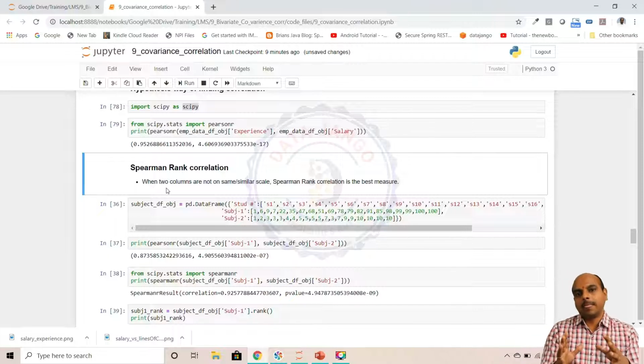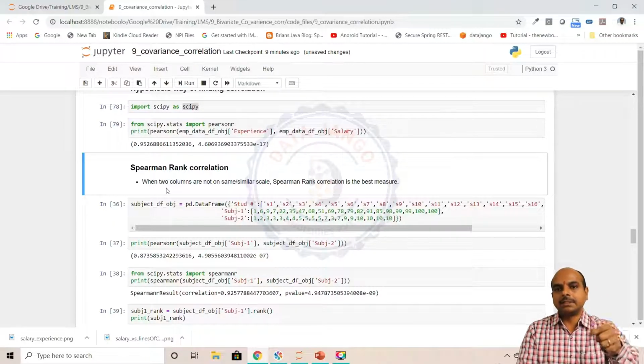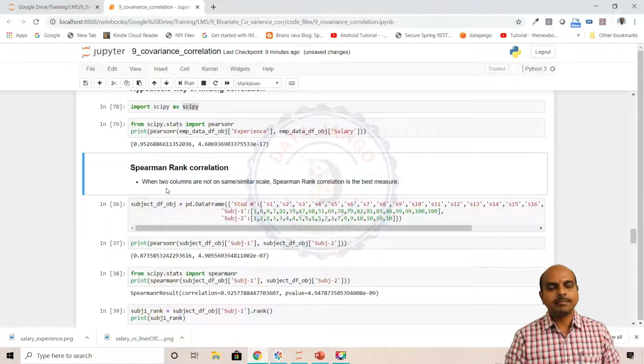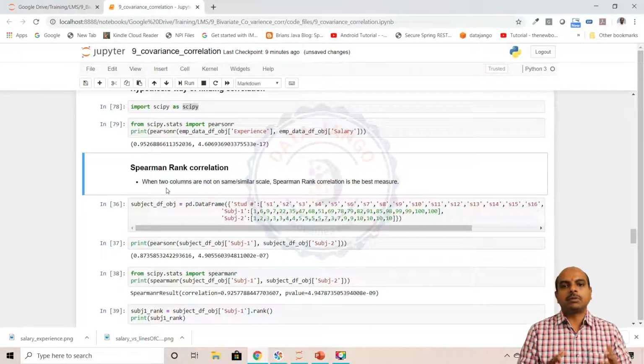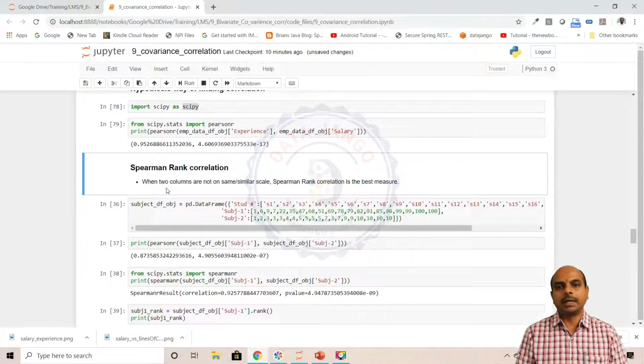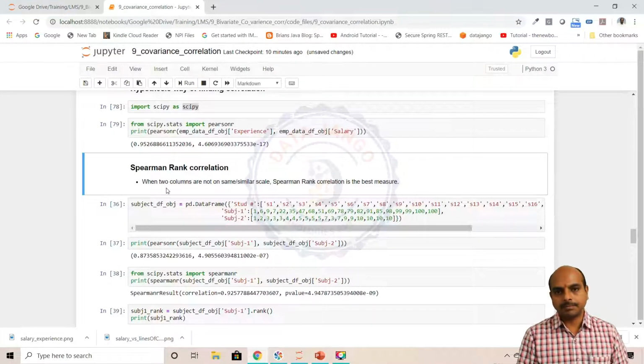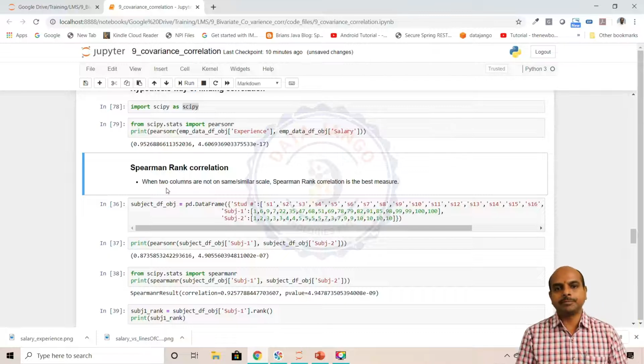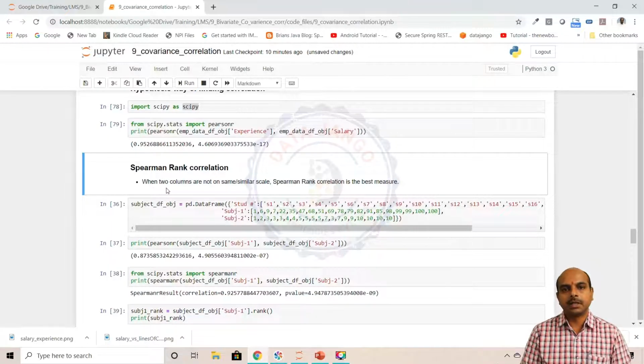Generally, when two columns have a similar scale, you can use Pearson R. What is scale? Suppose that you take two subjects in a school and they conducted a test and both subjects were conducted for 100 marks. The marks are going to be in the range from 1 to 100, or 0 to 100, right?